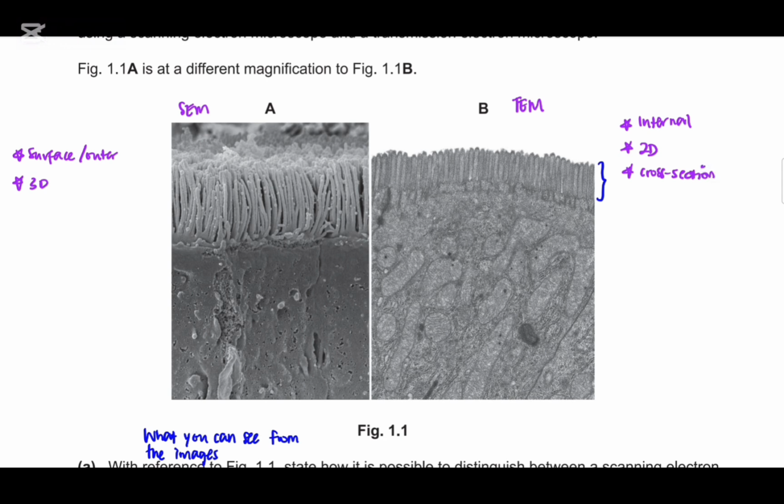You can actually see the contents of the cell, which allows us to see the contents. I'll just write that: to see contents of the cell, or the internal parts of the cell, same meaning.